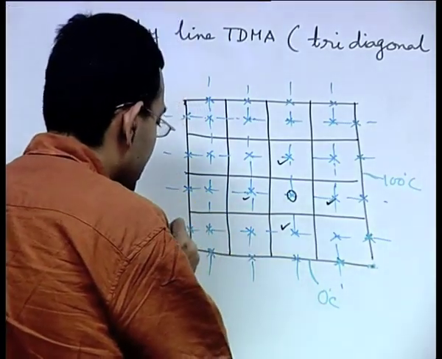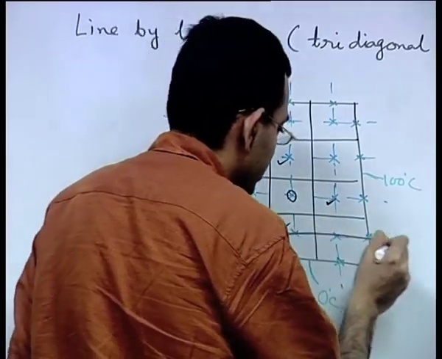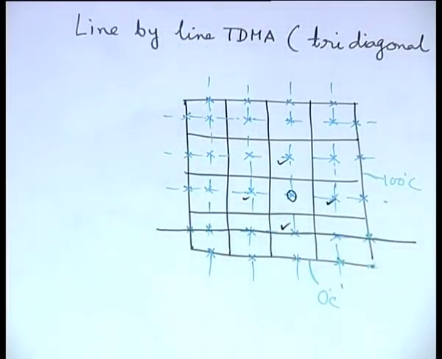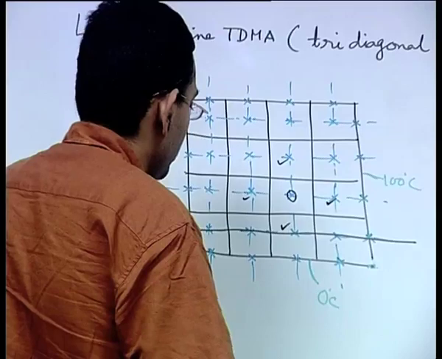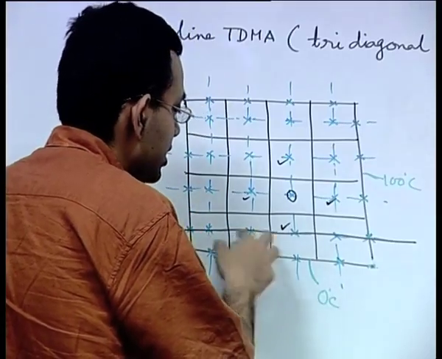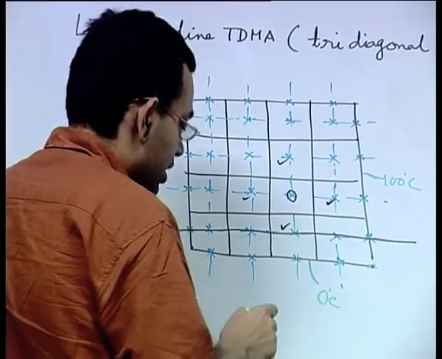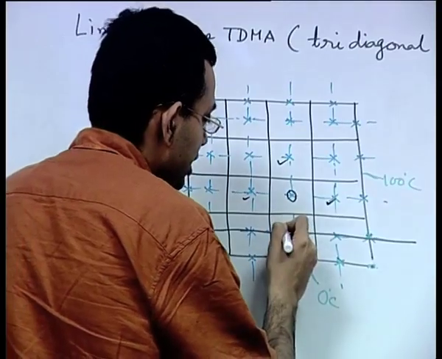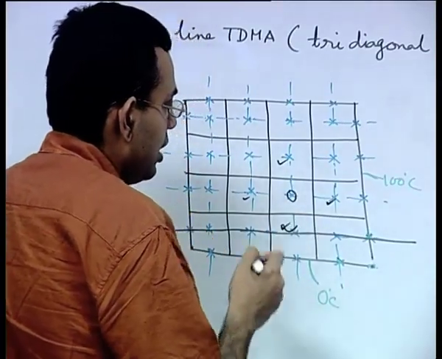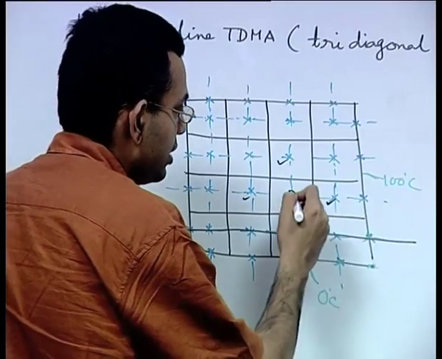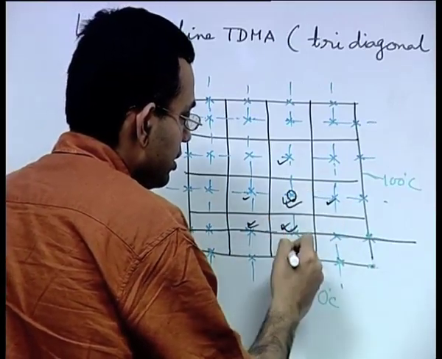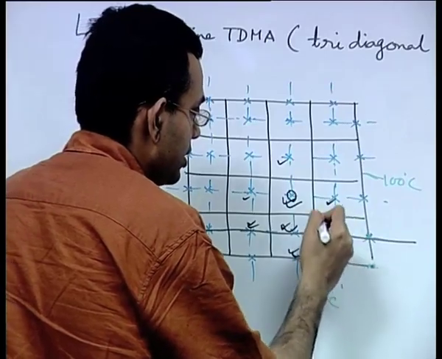Let us consider this particular grid line. We traverse along this grid line, and if we are interested to solve for this grid point, then let us identify its neighbors. It has these 4 neighbors.